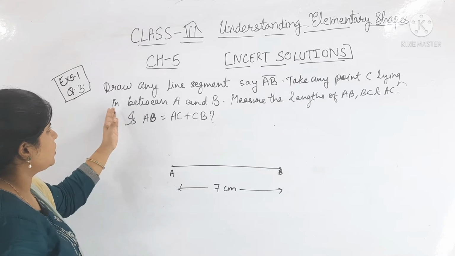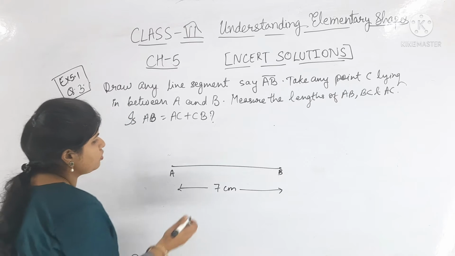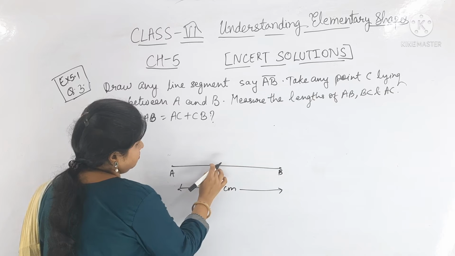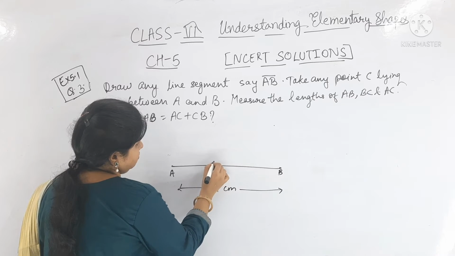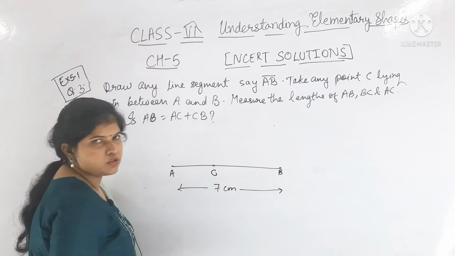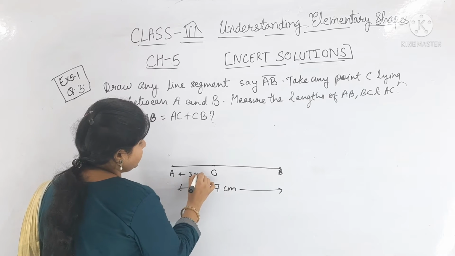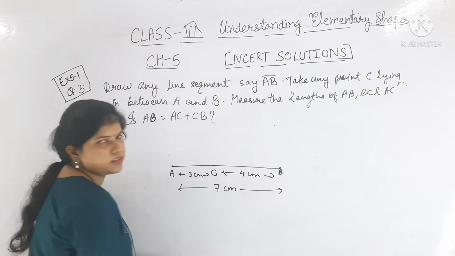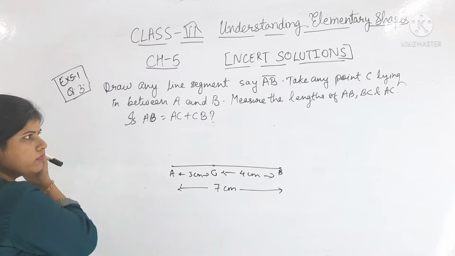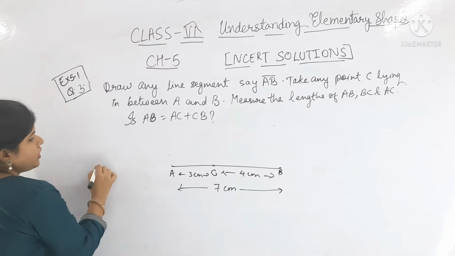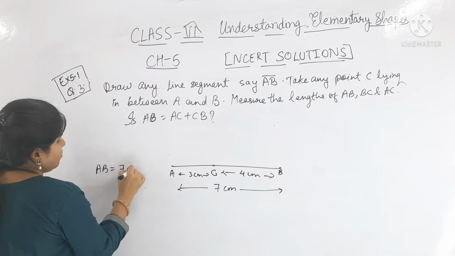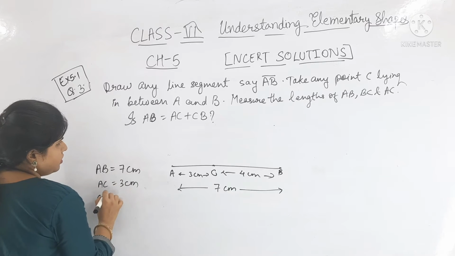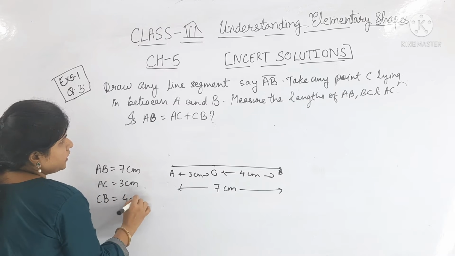Take any point C lying between A and B. I am taking C so that it may be 3 centimeter and 4 centimeter, so the total will be 7 centimeter. So I am taking AB equal to 7 centimeter, AC equal to 3 centimeter and CB equal to 4 centimeter.